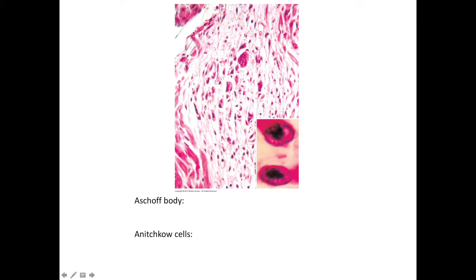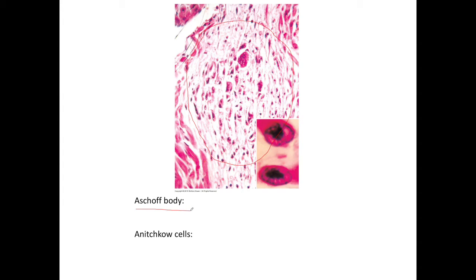So imagine, if you will, you are looking at, and I'm outlining it right here, this entire slide right here. This is supposed to be in the wall of the myocardium, and what you're looking at here are going to be the characteristic findings of a granuloma in the heart due to acute rheumatic fever. That's called an Aschoff body.